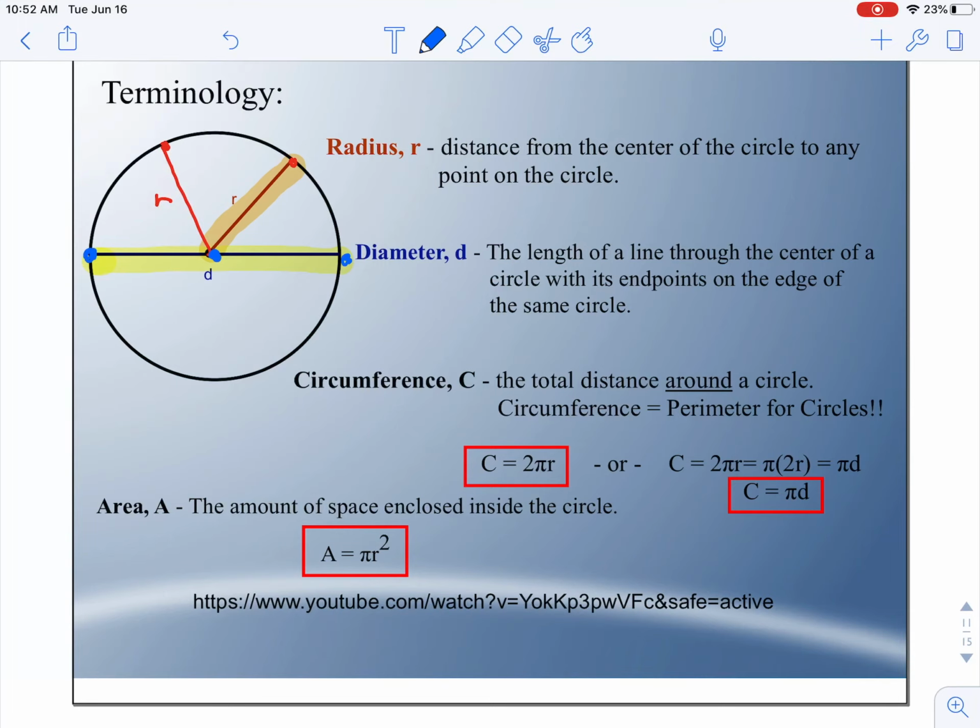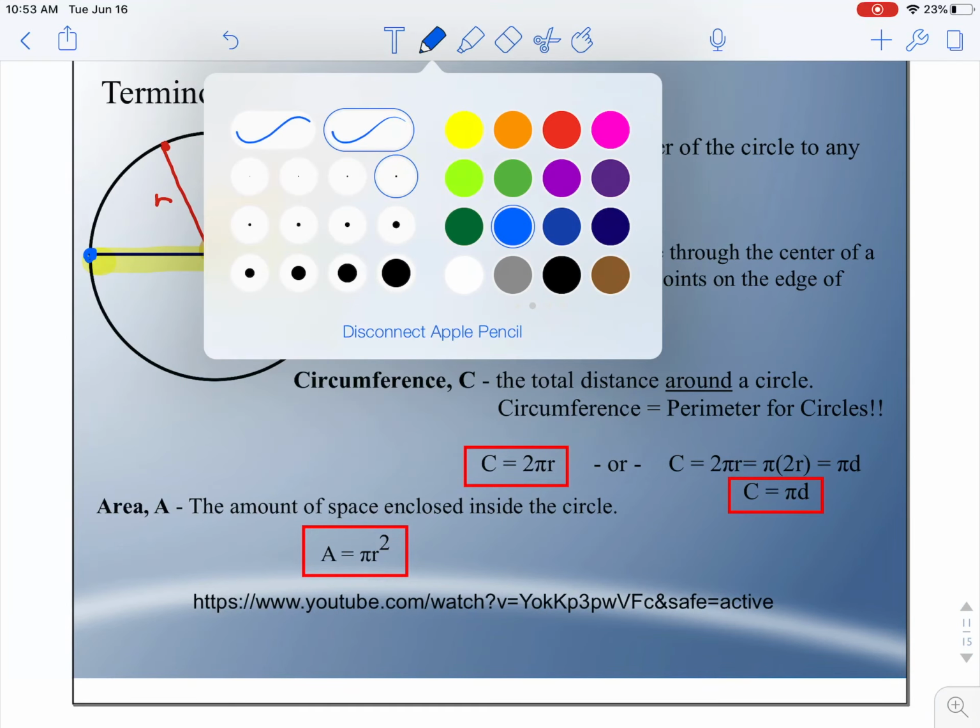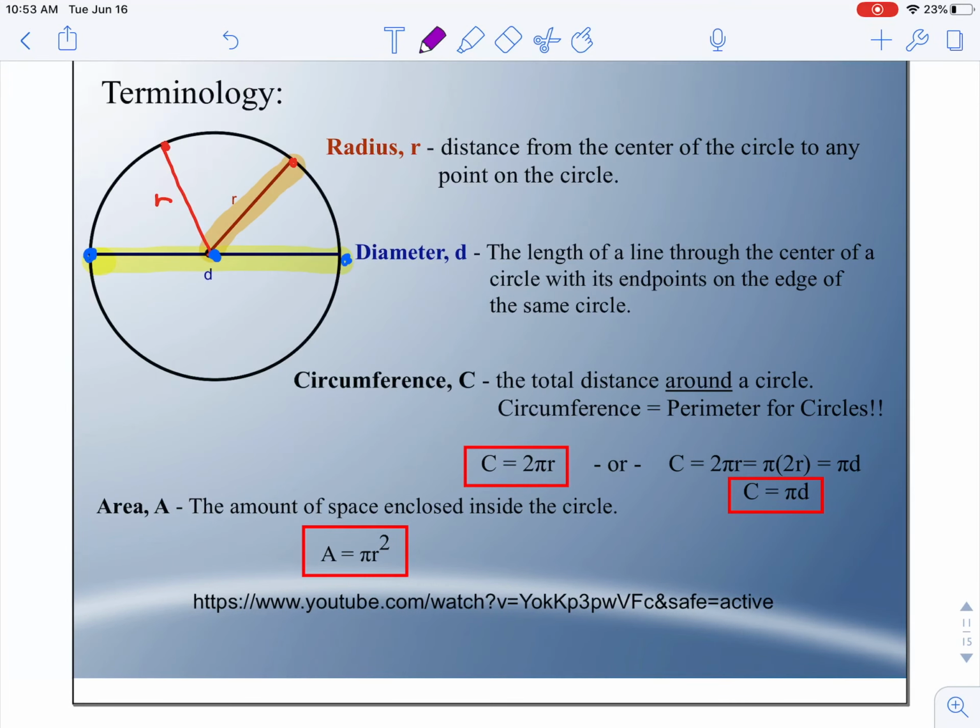The circumference is really just the perimeter. It's the total distance around a circle. You can actually use two different formulas for circumference, because you can either take your diameter times pi, or if you know your radius, you can take 2 times your radius, which will give you your diameter, times pi.